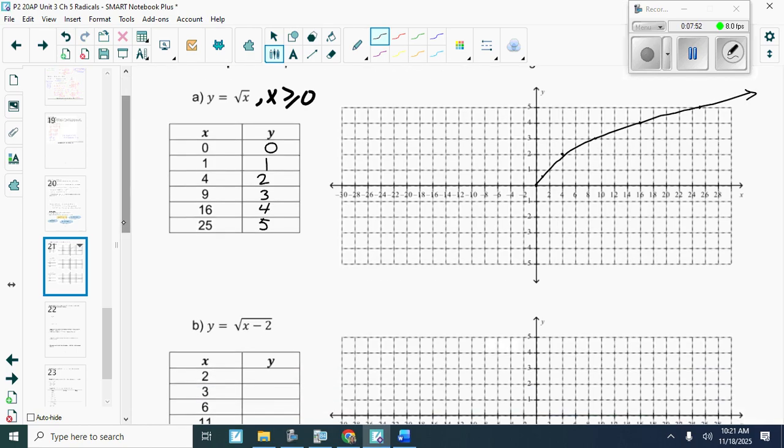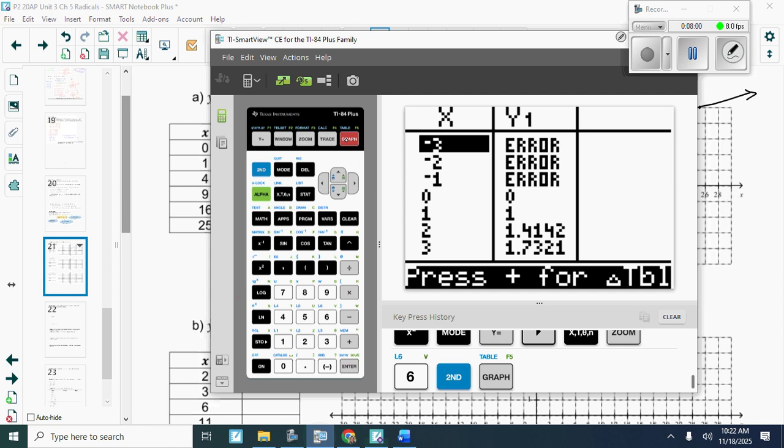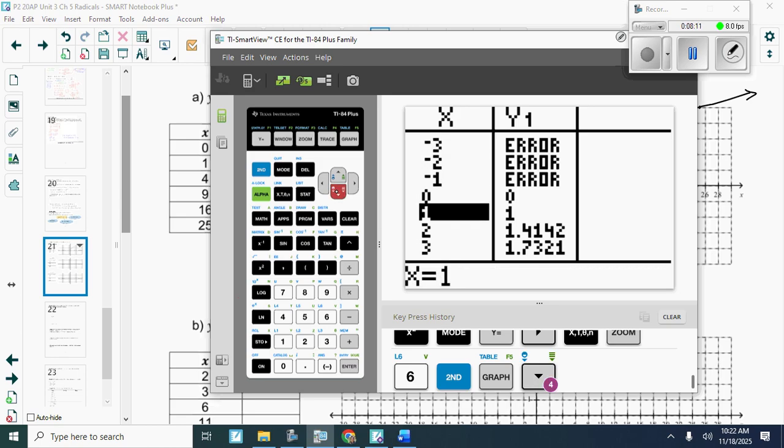Now, I'm just going to tell you, because you probably already know, if you ever needed to check your table of values, don't forget in your calculator, you can just do second graph, which is your table of values. So you'll notice that you get errors for anything that is less than 0, because there's a restriction in the domain. And then you'll notice that you get nice numbers, but then you get decimals, because it's taking the square root of 2, the square root of 3.